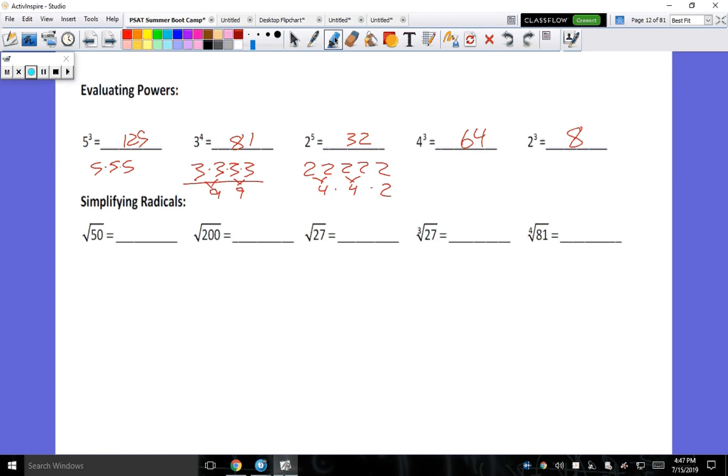Can someone tell me what number is there, and there? 2. Even though it's not written, there's a 2 there. That means we want the square root of 50. Now, you learn how to do factor trees to do this, remember?